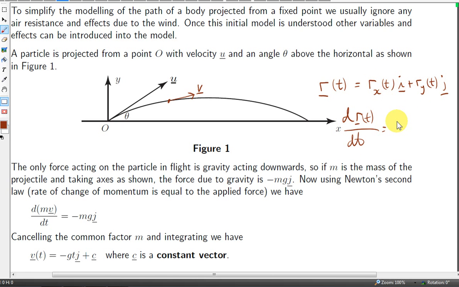Anyway, if we differentiate this component, the rate of change of the x component of t with respect to t can be called v sub x of t, and we get the other component will be v sub y. I won't write it out here, but we've i here and we've j here. So we get v sub x times i plus v sub y times j. That's our vector v.